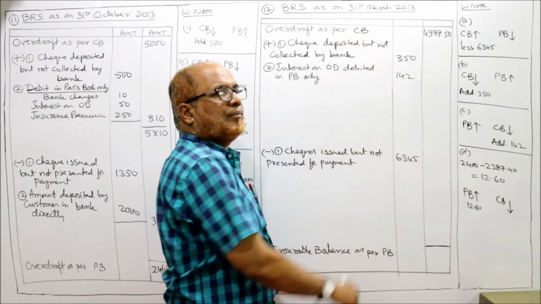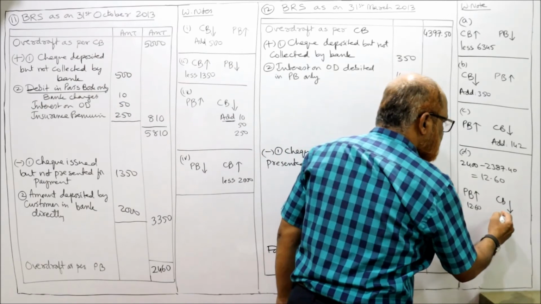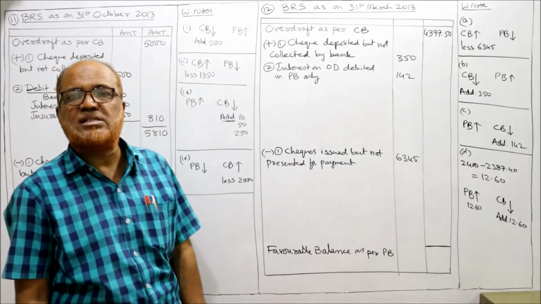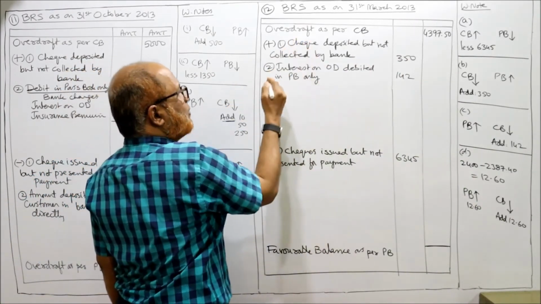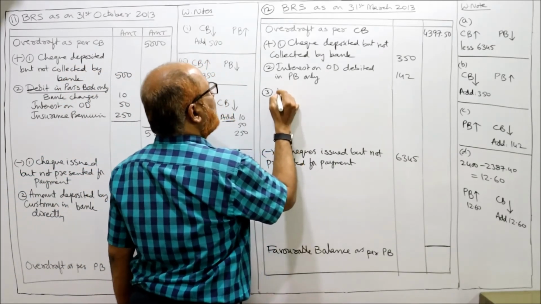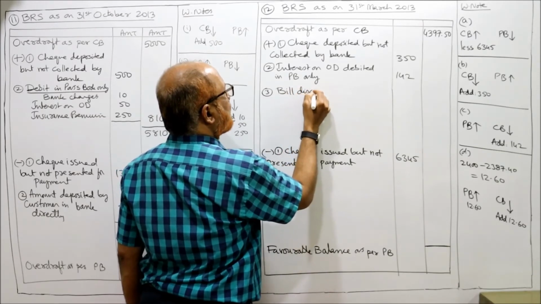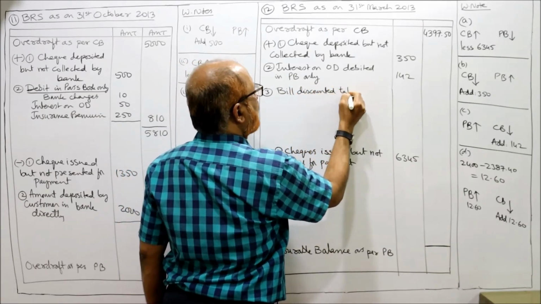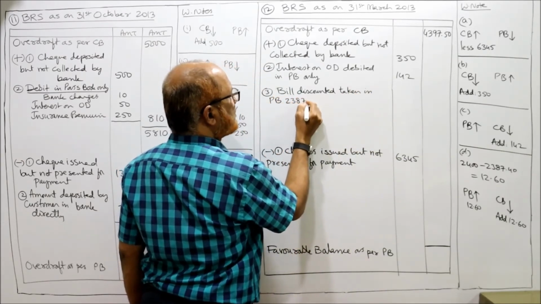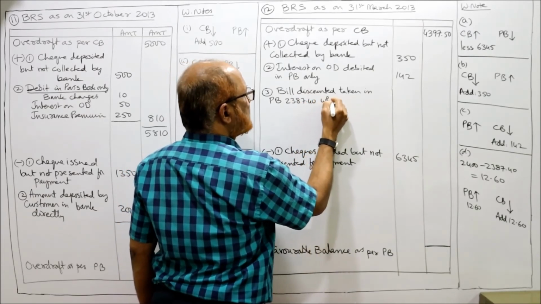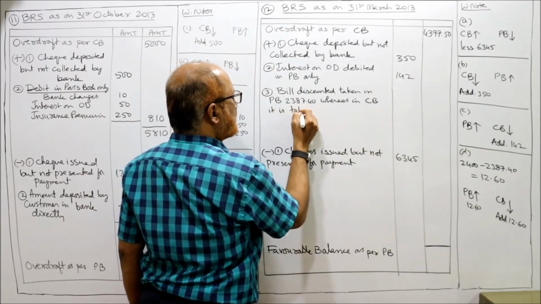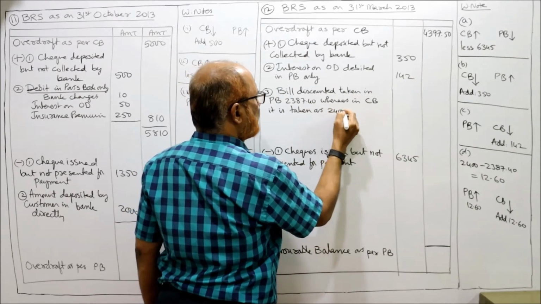Our starting point is cash book. Cash book is showing less, so we have to add 12.60 in the cash book balance. This is the third item. Bill discounted: taken in passbook 2,387.40, whereas in cash book it is taken as 2,400.